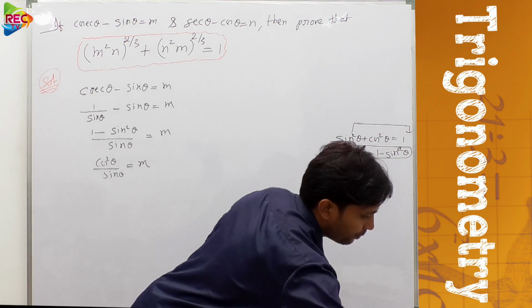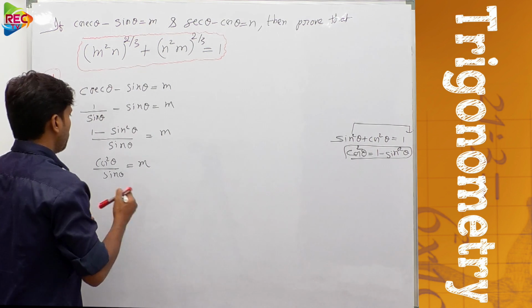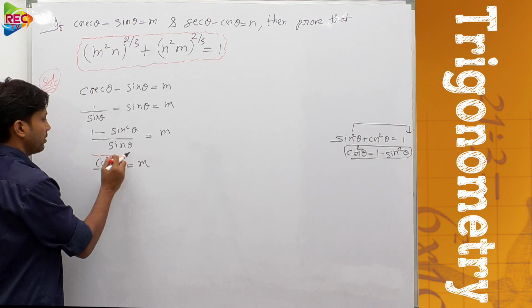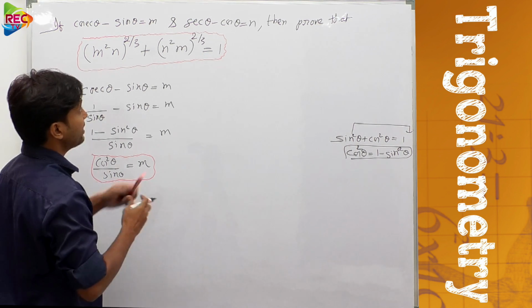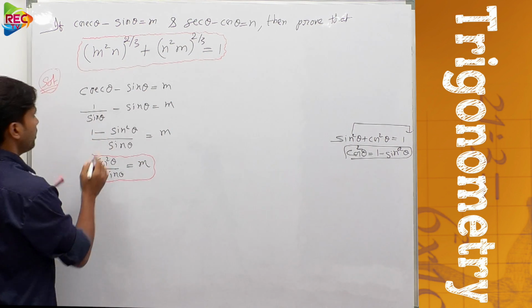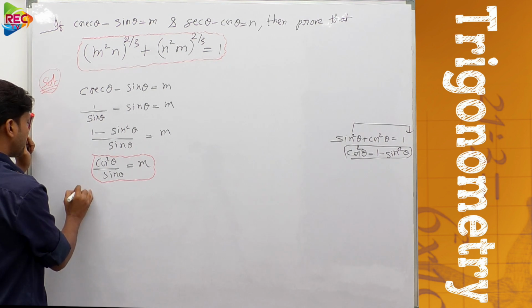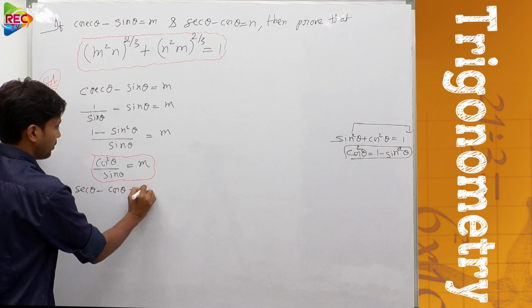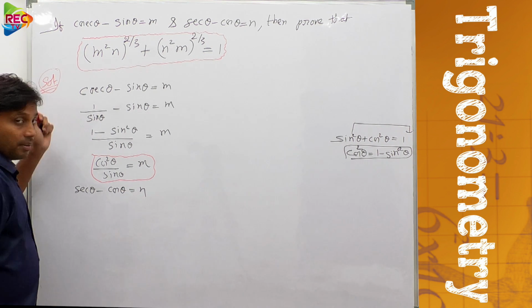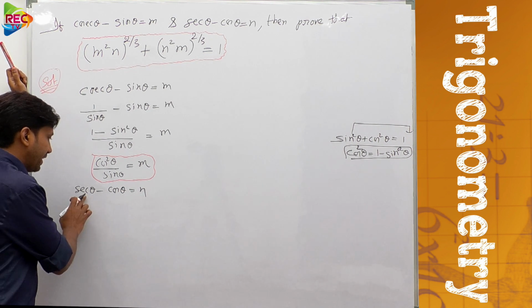Now put this aside. Let us consider the second condition again. What is the second condition given? Secant theta minus cos theta equal to n. Again, better we convert this secant into cos.